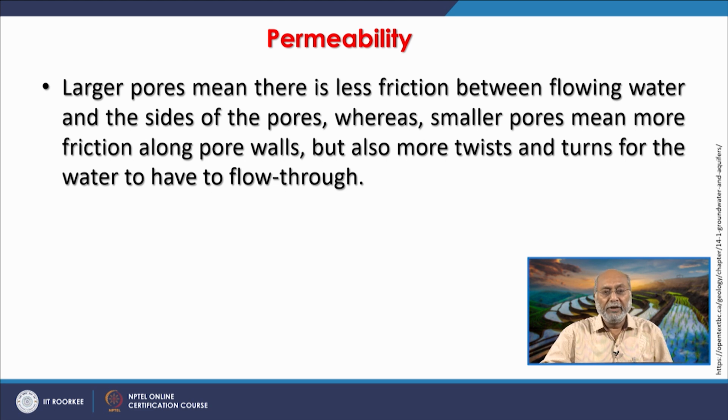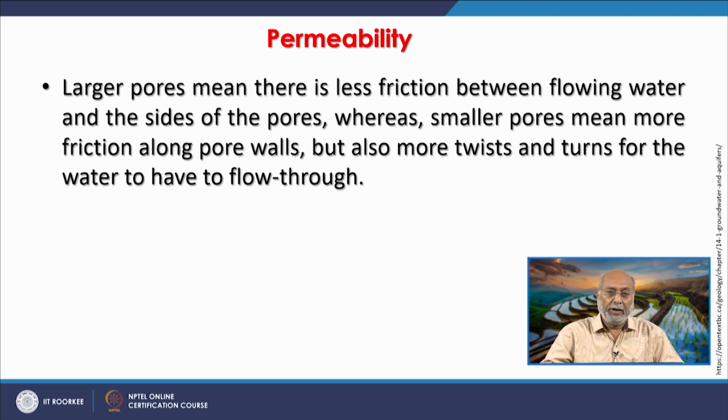As we also discussed while discussing porosity, when we have larger pore space, that means there will be less friction, and the viscosity of water will not play a major role between the flowing water and the sides of the pores.